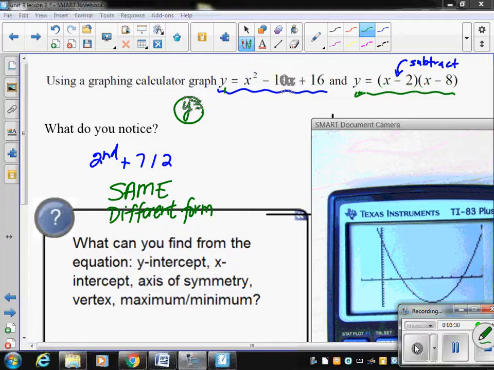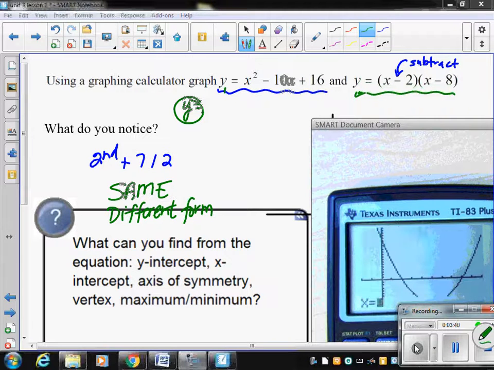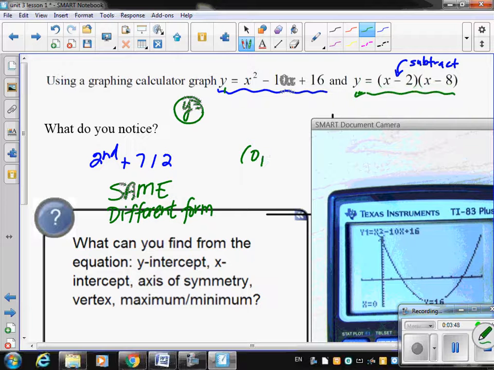I'm suggesting that the 16 is the y-intercept. So if I want to check that, it's second trace, then the calc button. And I want to know the value when x equals 0. It is 16. So there is a point 0, 16 on this graph, which comes from there.